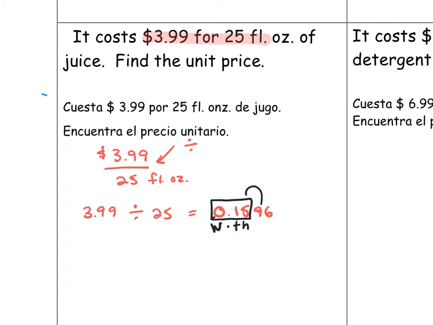So this 9 tells this 5 to go up. So our unit price is $0.16 per fluid ounce, and FL is the abbreviation for fluid, and OZ is the abbreviation for ounce. So would you please try the next one on your own?